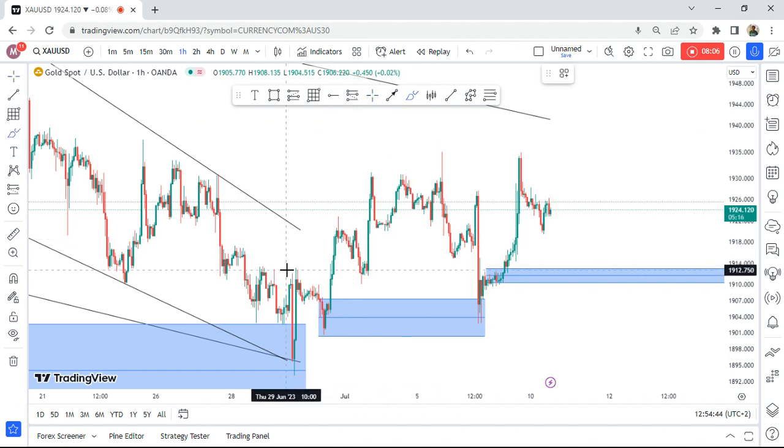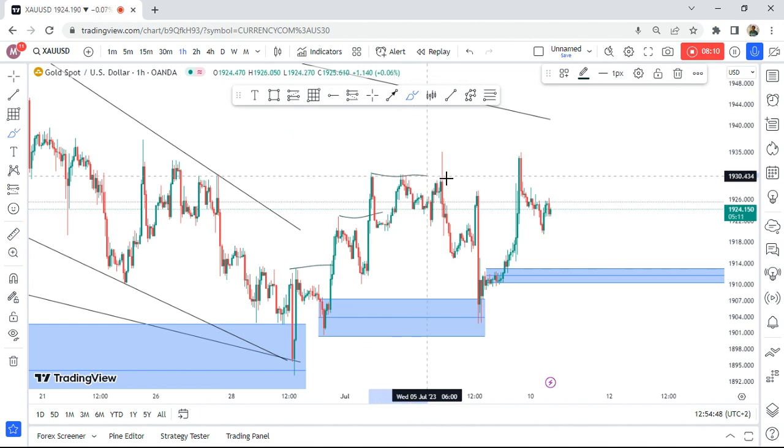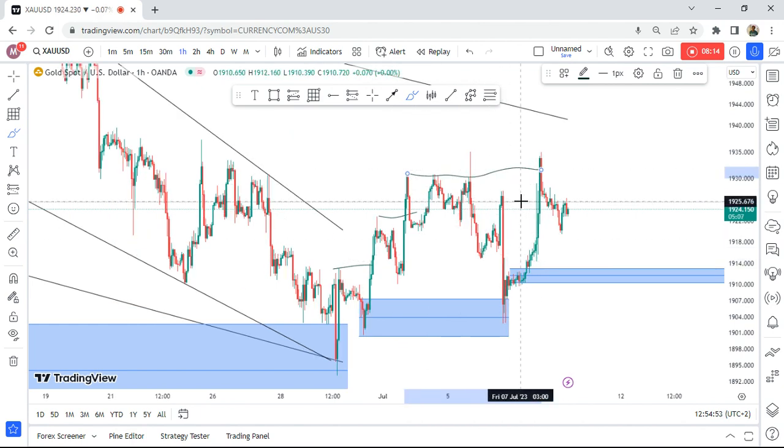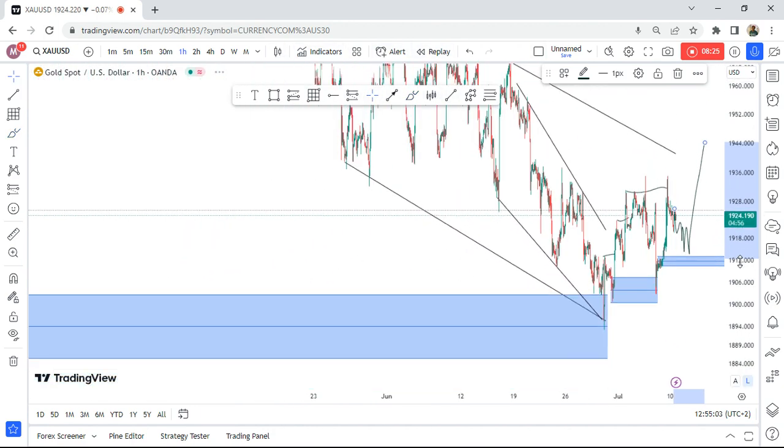It broke out of this high, broke out of this one, and broke out of this one. So right now, it's possible that the market might come and mitigate this order block and continue pushing to the upside.